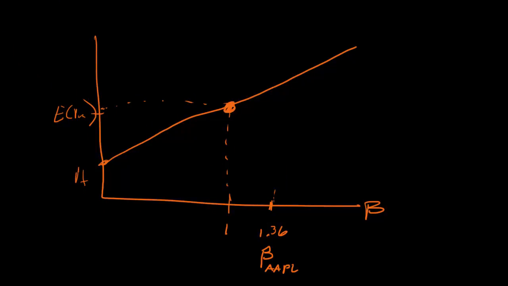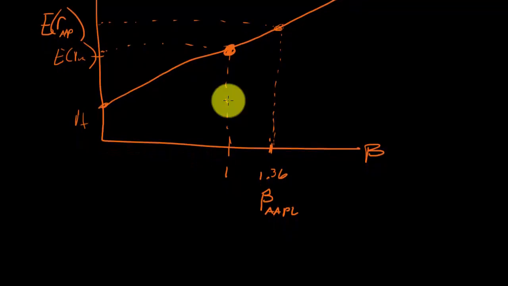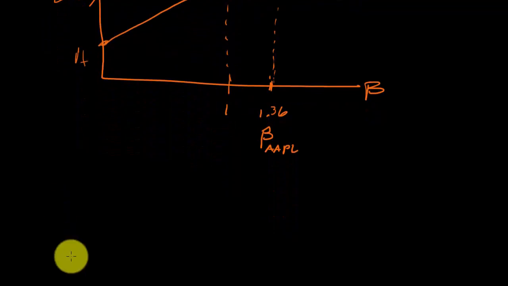Therefore, if I walk up this line up to my security market line, I have some relationship where the expected return of Apple should be greater than the expected return of the market. And can we figure out what the expected return of Apple is? Absolutely we can. But we have to make some assumptions.